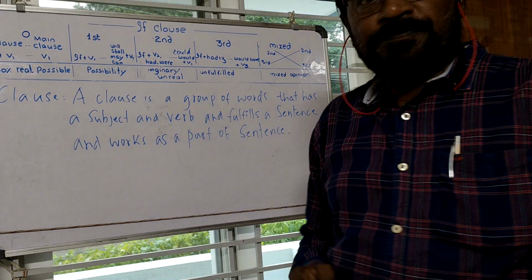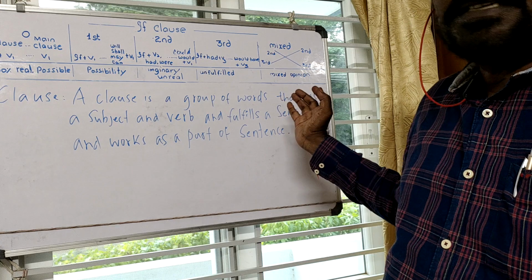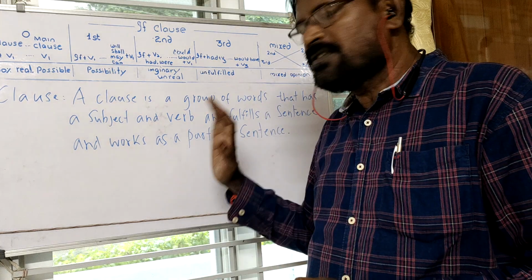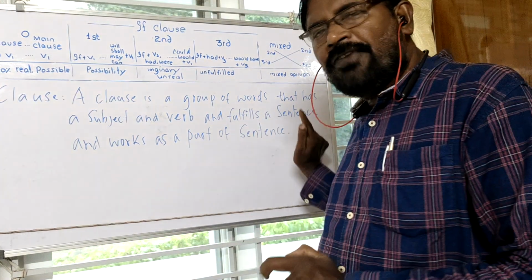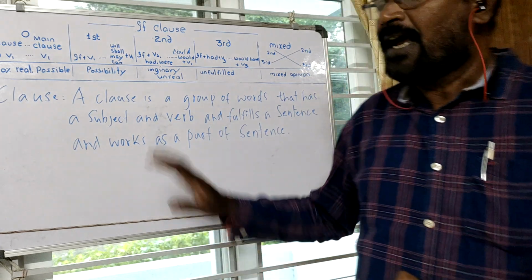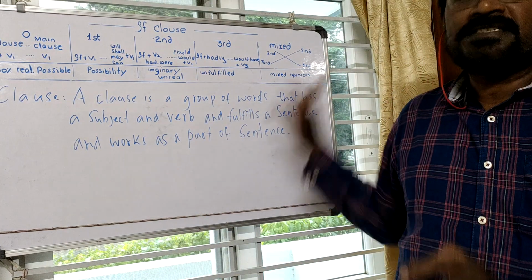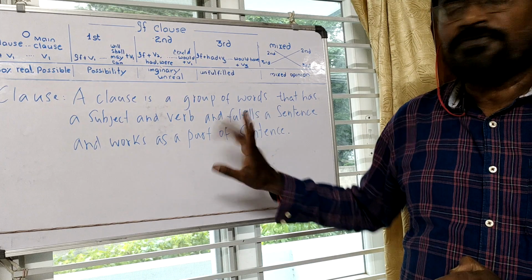The definition: a clause is a group of words that has a subject and verb and fulfills a sentence and also works as a part of a sentence.